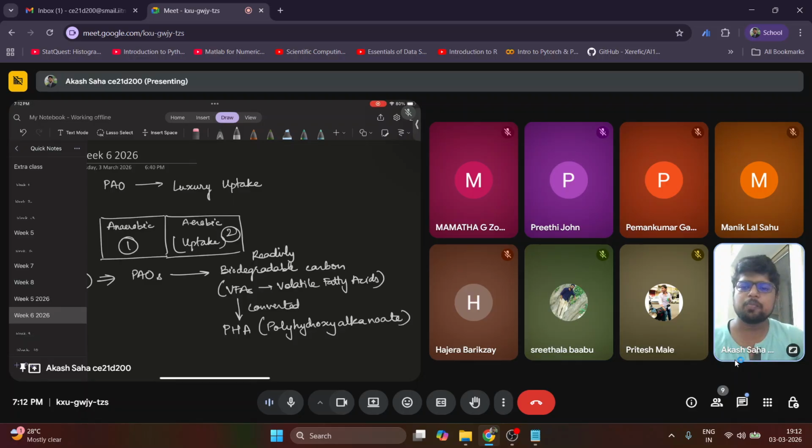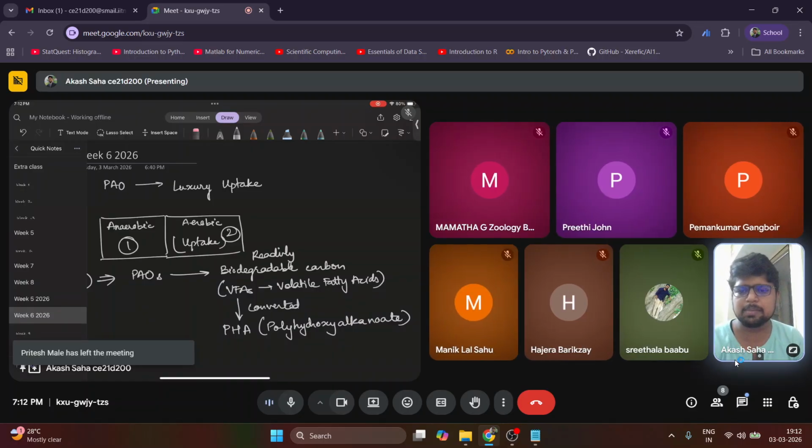So these PAO will take up this readily biodegradable carbon, maybe in the form of VFAs, those are nothing but volatile fatty acids. These are already present in the system, and they convert into PHA. This is something like an energy storage unit.